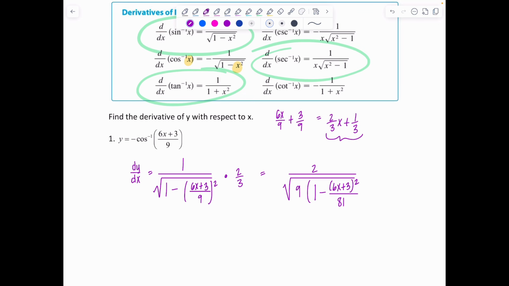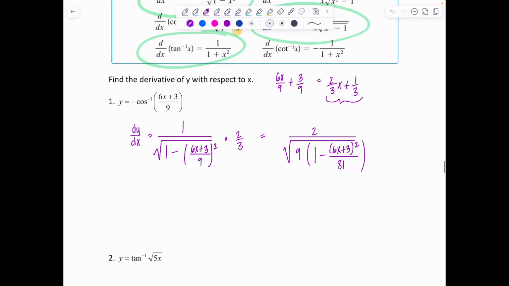Exactly. Okay, and for a hot second, things are looking gross, but it's okay. So 2 over square root of 9 minus (6x plus 3) squared over 9. Now, we cannot leave it like this. No, we cannot. Because we have a complex fraction. We have a fraction inside of a fraction.